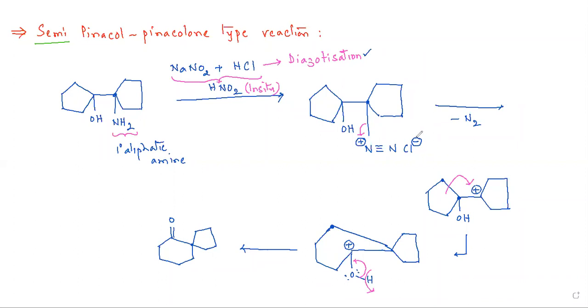Of course, the Cl minus is also lost to form a carbocation. From then, simple. This is semi-pinacol pinacolone type reaction.